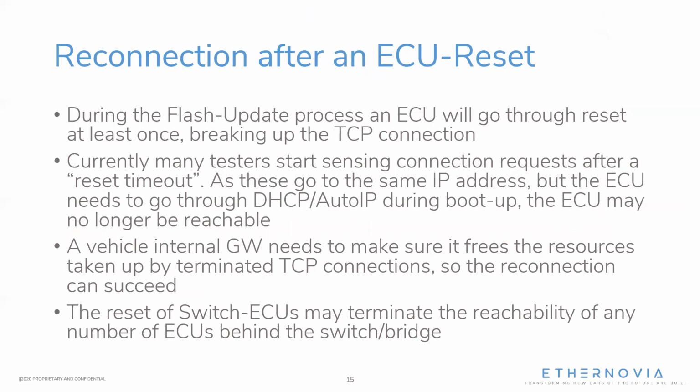And here we see that a lot of error cases in DoIP are actually handled by way of breaking down the connection. But even worse than that, we need to be able to break down this connection for an ECU reset. While we do a flash update, we usually have multiple resets of the ECU, and we need to be able to reconnect to that ECU, and we need to do that across the mode switch that I showed you in a very early slide, and we need to do this quickly and reliably.